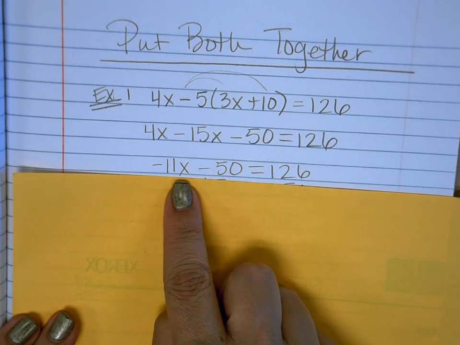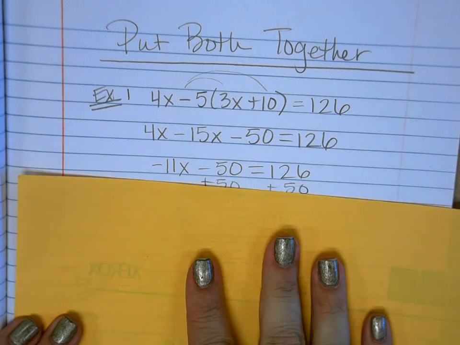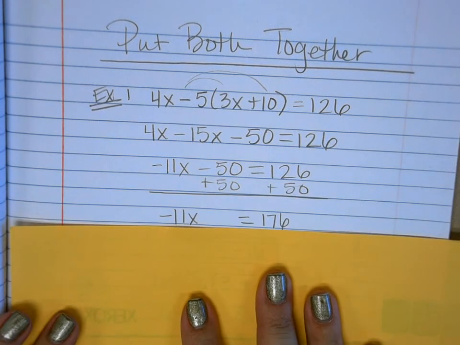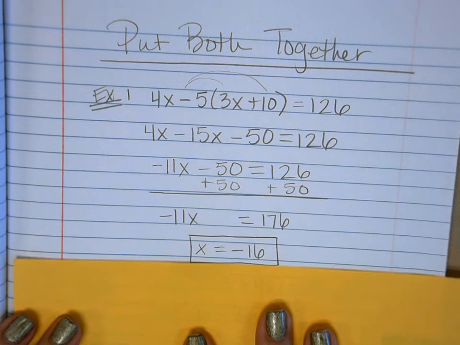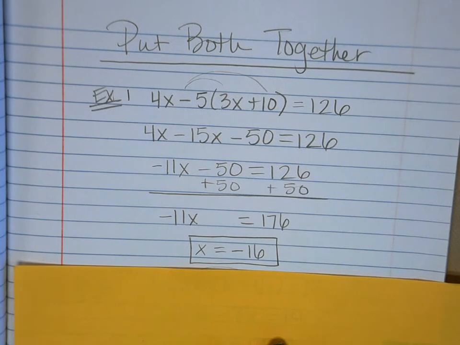So we add 50 and then divide by negative 11. Add 50, divide by negative 11, and we get negative 16. Don't forget the negative.